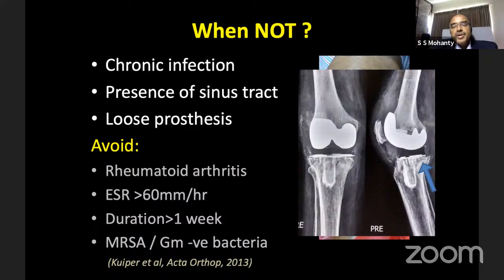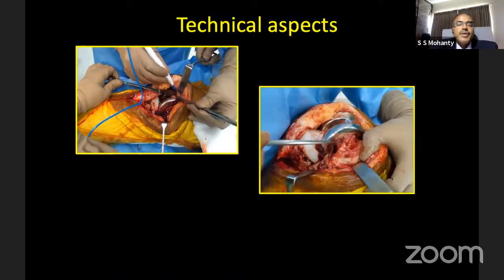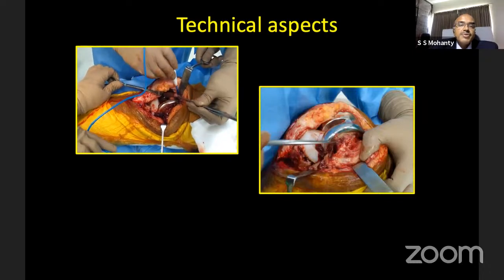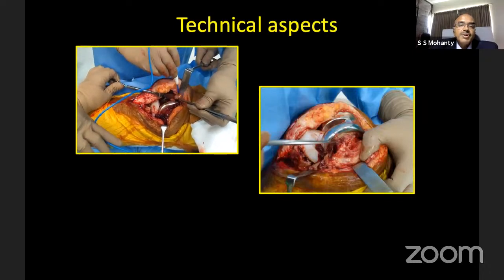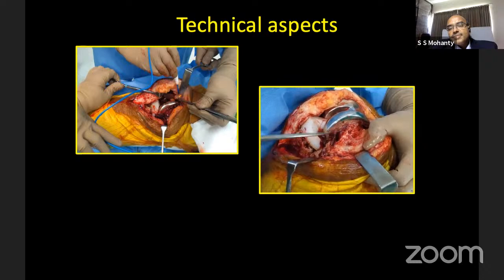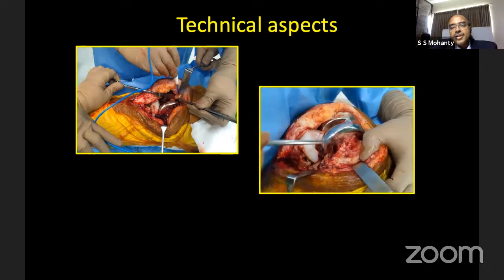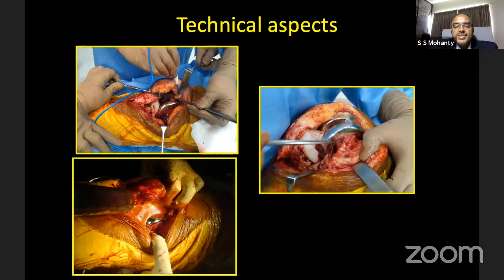Technical aspects of DAIR are that you have to do a thorough debridement, take out all the granulations and all the synovial tissue from the suprapatellar pouch and from the gutters. Especially, one needs to curette out at the bone-cement interface and cement-prosthesis interface, because there the granulations are, which cause osteolysis. I will do a thorough lavage.